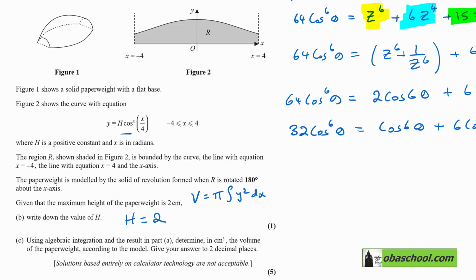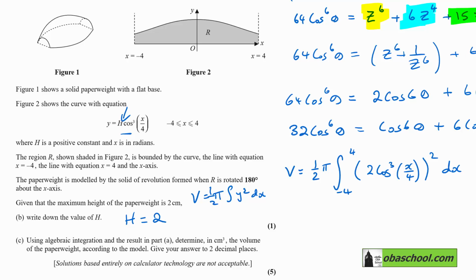That's when you go all the way around. So here we're going to have a half pi because we're only going half of the way around. And therefore, our volume is going to be half pi times the integral from -4 to 4 of 2 cos cubed x over 4, using the value of h there as being 2, squared dx.